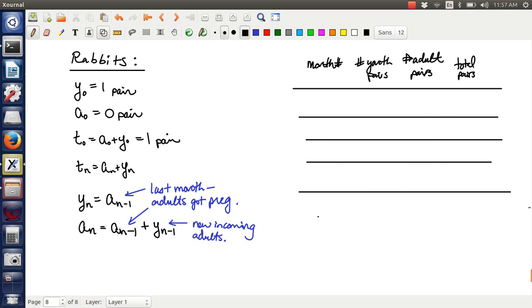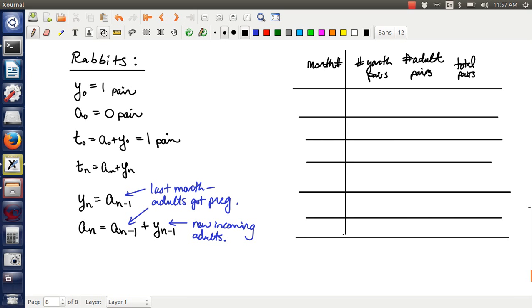This is a pretty easy scenario, so we can get the gist of what's going on pretty quickly here. All right, so we're going to just figure this out. All right, month 0, 1, 2, 3, 4, 5. Youth pairs, we start off with 1, and adult 0, and total is 1.